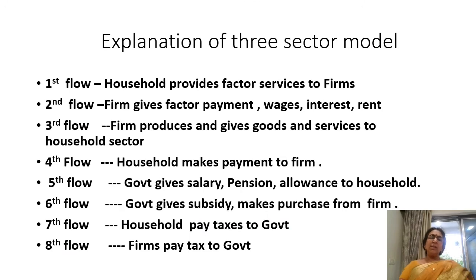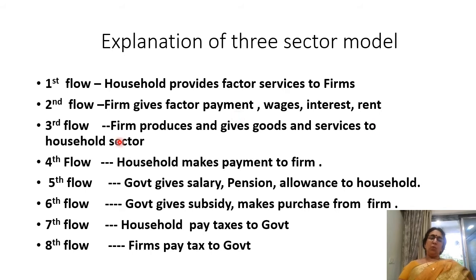Now I have just explained all the flows starting from the first flow to the 8th flow, so that you will be getting a full link in order to understand the 4-sector model. In the first flow, household is providing factor service to the firm. Second flow, firm is giving factor payment like wages, interest, rent and profit.